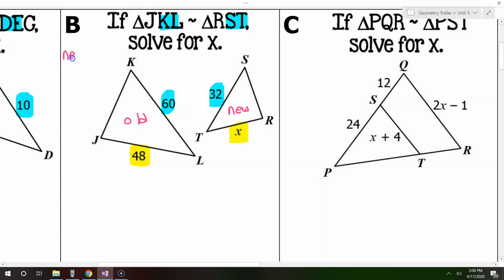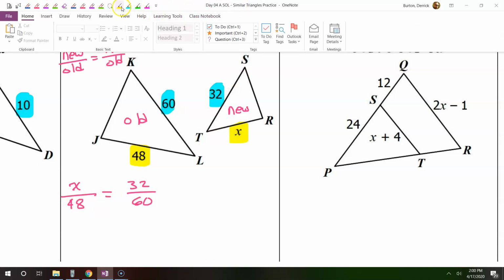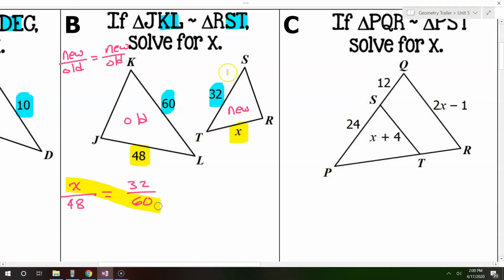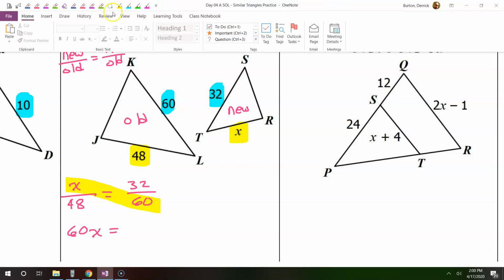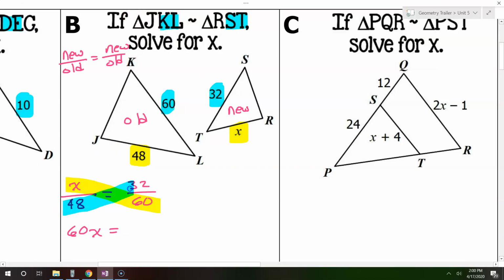And now I'm going to set up my proportion in the format new over old equals new over old. So let's start with the yellows. New over old is x over 48. Now the blues, new over old is 32 over 60. So time to cross multiply. We do the down diagonal, and that will give us 60x on that side of the equation. Then we will do the up diagonal.